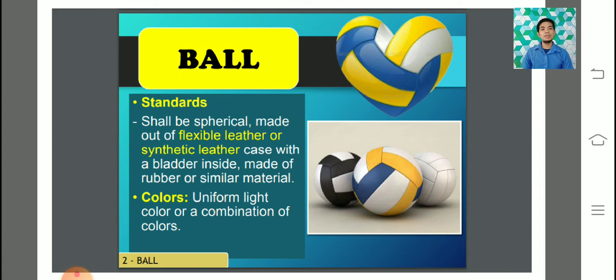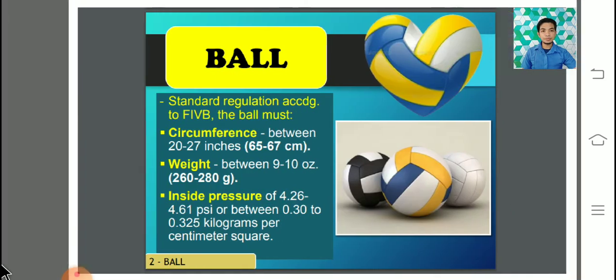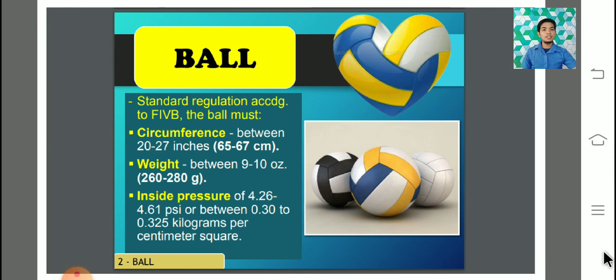So, sa color naman, sabi dito, uniform light or color combination of colors. So, nowadays, we are using the tricolor balls. Kasi, mas mabilis makita ng mga officials yung tricolor balls kaysa yung single color.